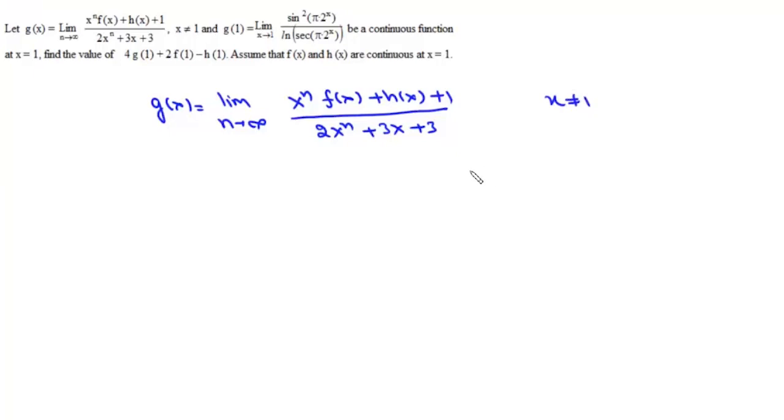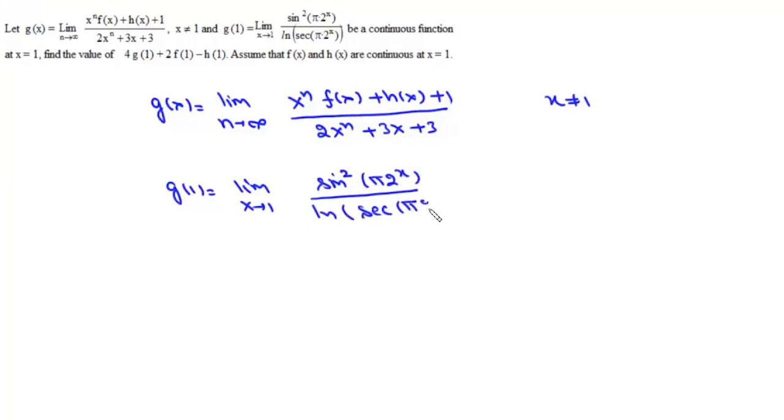And it also says g1 is this limit x tends to 1 sine square pi into 2 to the power x upon log secant pi into 2 to the power x. Now it says, if it is a continuous function at x equals 1, then find the value of 4g1 plus 2f1 minus h1, assuming fx and hx are continuous at x equals 1.